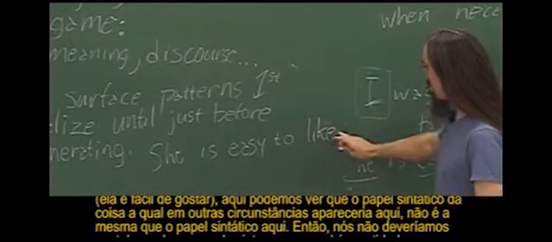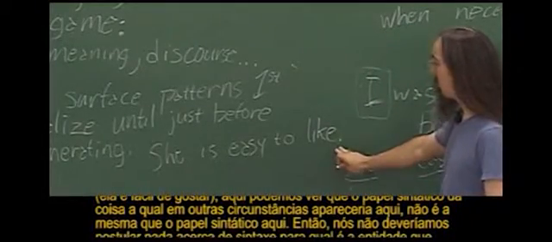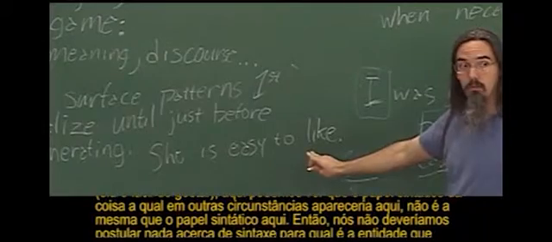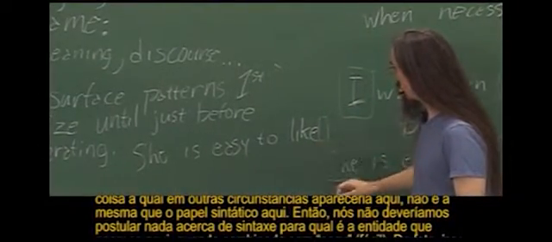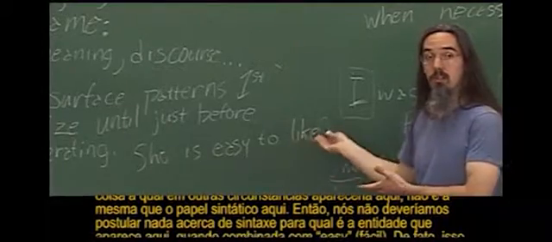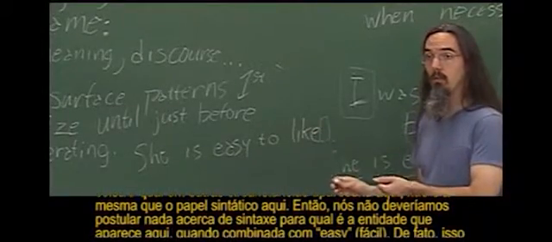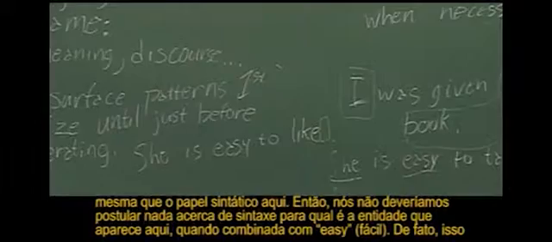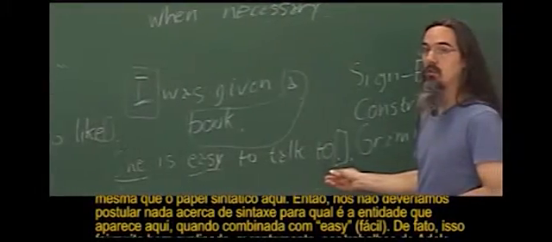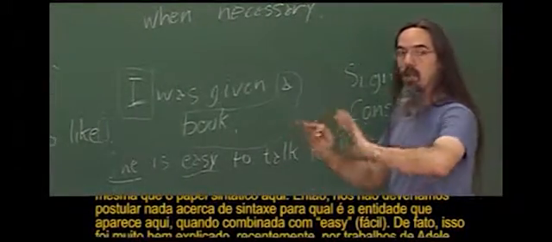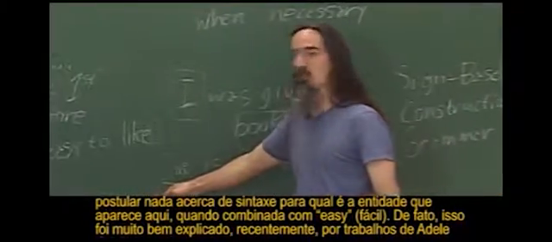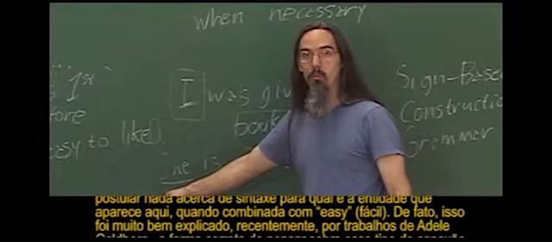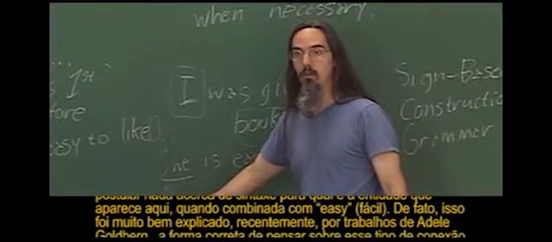And now here we can see that the syntactic role of the thing which would, in other circumstances, appear here is not the same as the syntactic role here. So we shouldn't posit anything about syntax for what entity it is that shows up here when combined with easy.